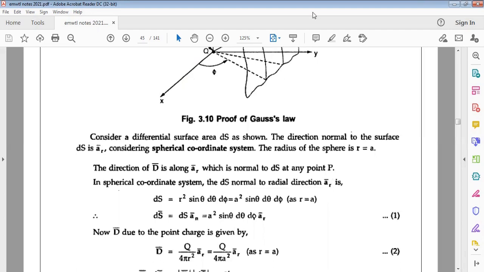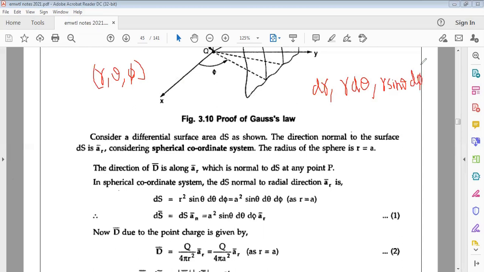Here, remember, my dear students, what are the differential elements in the spherical coordinate system? The coordinates are r, theta, and phi. These are the three coordinates we have in the spherical coordinate system. The differential elements are dr, for theta, r d theta, and for phi, r sin theta d phi.